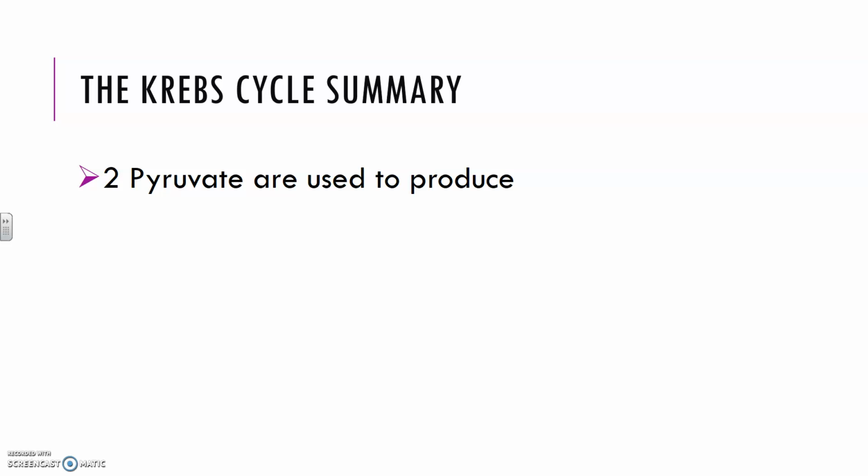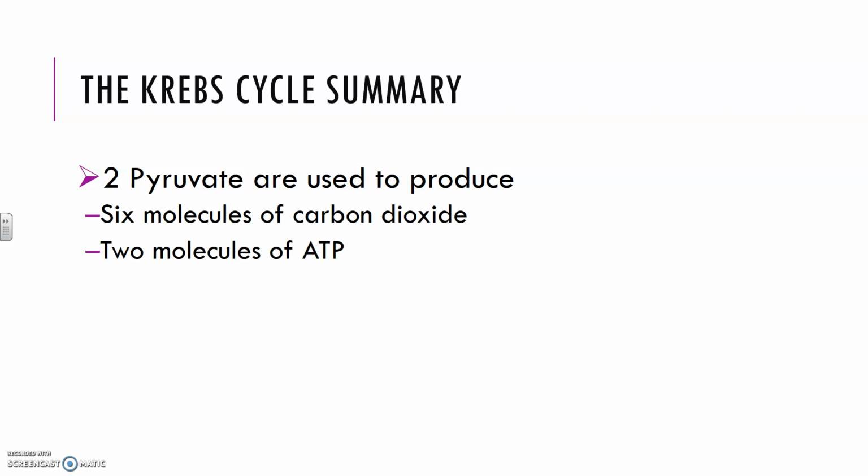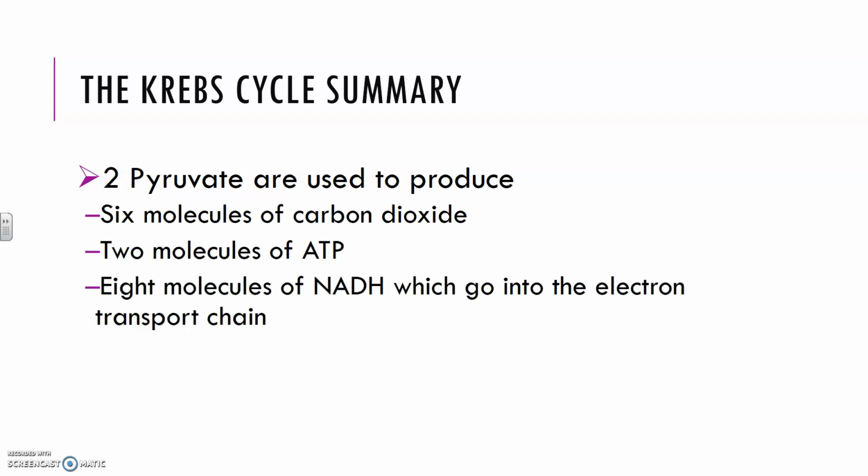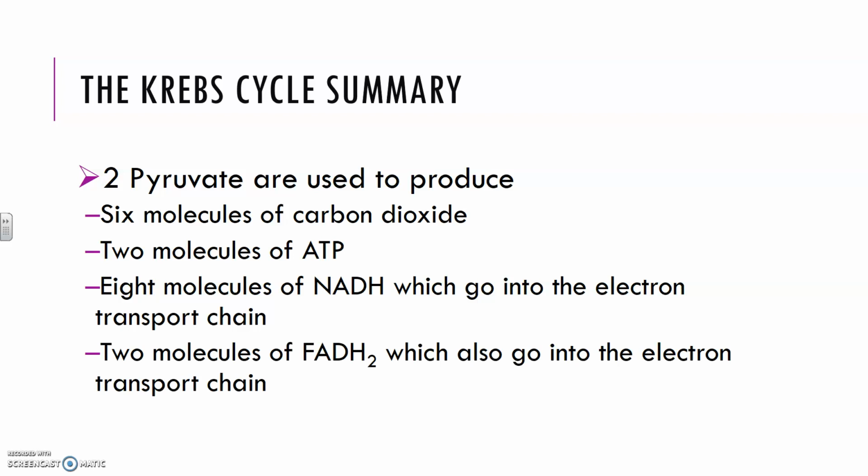So basically for 1 glucose, you produce 2 pyruvate, and then those 2 pyruvates are used to produce 6 molecules of carbon dioxide, 2 molecules of ATP, 8 molecules of NADH, which will go into the electron transport chain, and 2 molecules of FADH2, which will also go into the electron transport chain. And that is the first part of cellular respiration, or the first 2 parts.